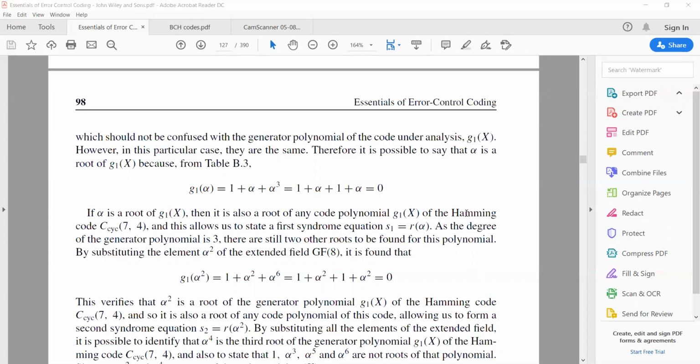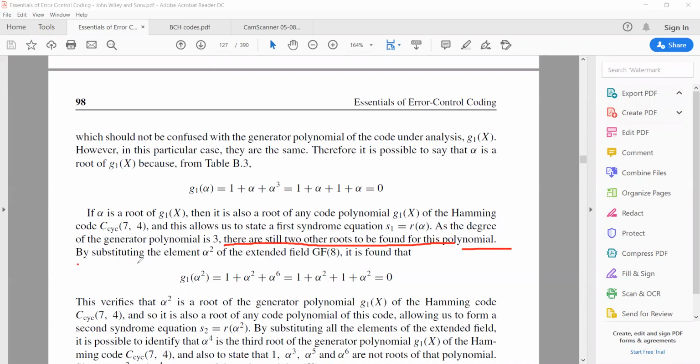So the first root we have got, which is alpha, done. And using that alpha root, we have made our first syndrome equation, which is S1 equals R alpha. So there are still 2 other roots to be found for this polynomial, right?